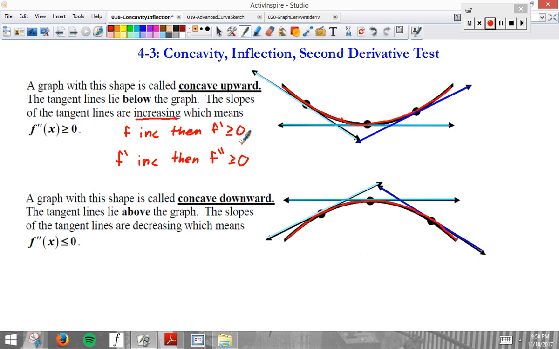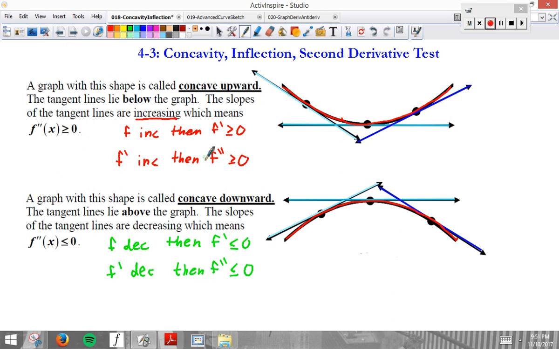If something is increasing, it means its derivative was positive, or at least non-negative. So if f prime is increasing, then f double prime is positive. Likewise, down here, if f is decreasing, then f prime was supposed to be less than or equal to 0. So if f prime is decreasing, if the slopes are decreasing, then f double prime is less than 0.